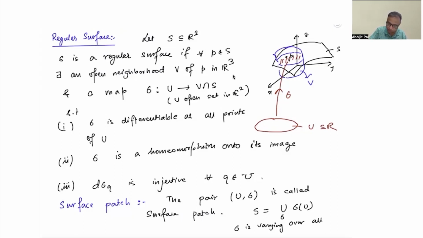So for each point P in S, I have this B and U and this map sigma. And if I vary this P, U will vary, sigma will vary. So if I vary those sigma, S is the union of all these sigma of U. All right.